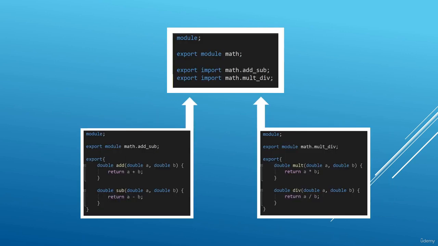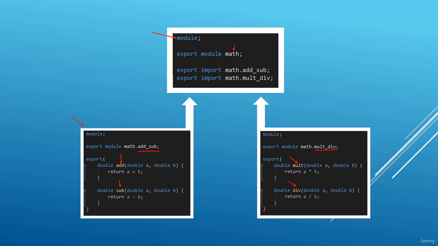This is the structure we will have in our project here. We will have a module named math, which is going to be englobing or bringing together other modules. And down below here, you see that we have an add submodule. This is the name. And we have a multdiv module. And the add submodule is going to have add and subtract. Multdiv is going to have multiply and divide.